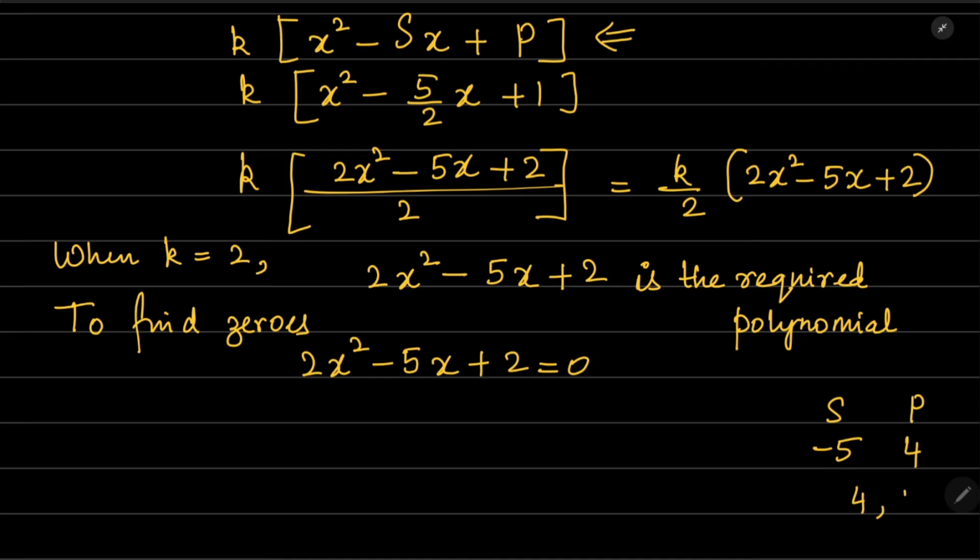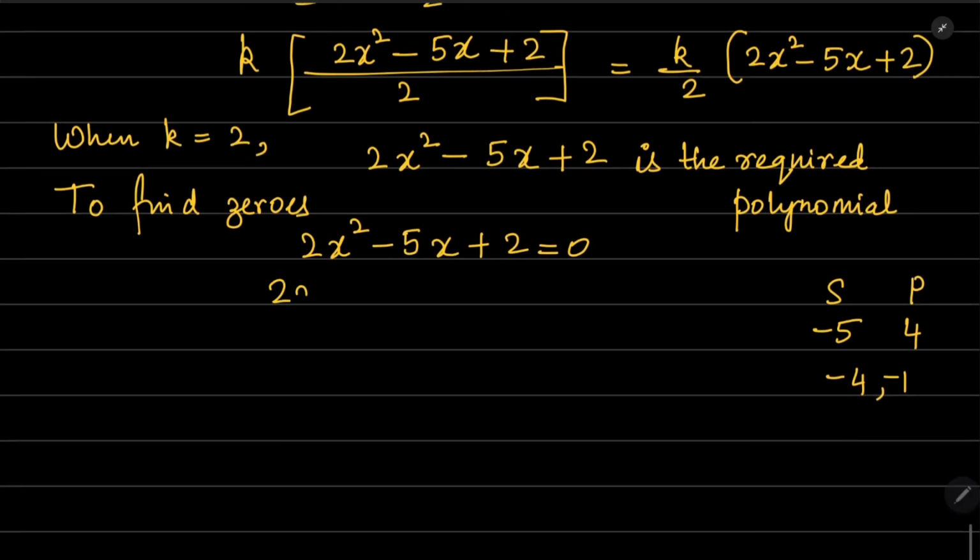So the numbers will be minus 4 multiplied by minus 1, which is plus 4, and minus 4 minus 1, when you add it up, will become minus 5. So 2x square minus 4x minus x plus 2 equal to 0.